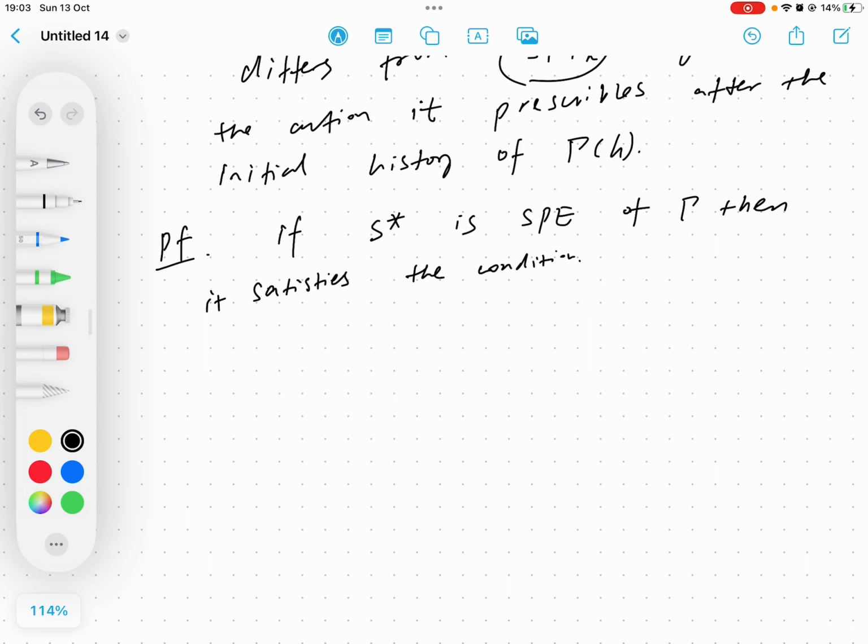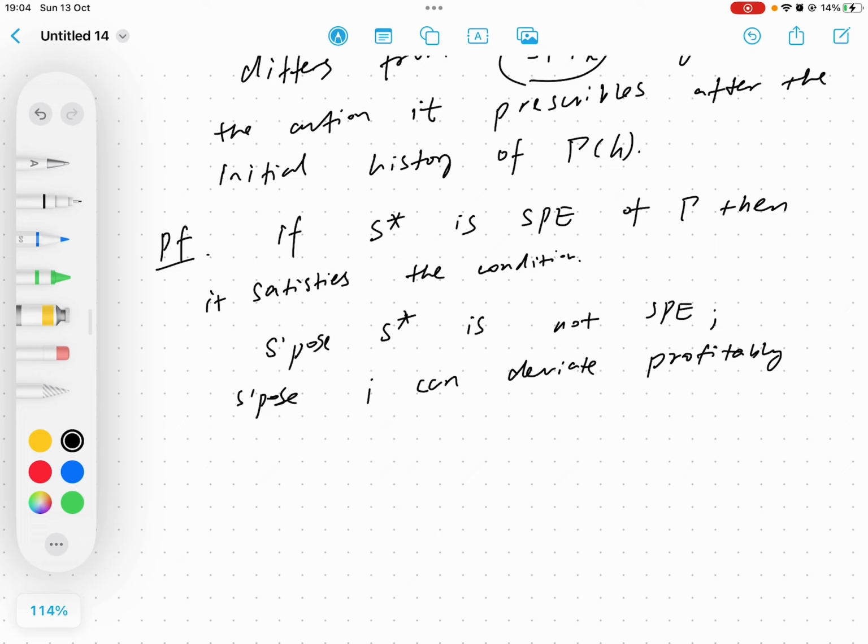Now suppose that S star is not a subgame perfect equilibrium. It means that player I can deviate profitably in some subgame, let's say gamma h prime.